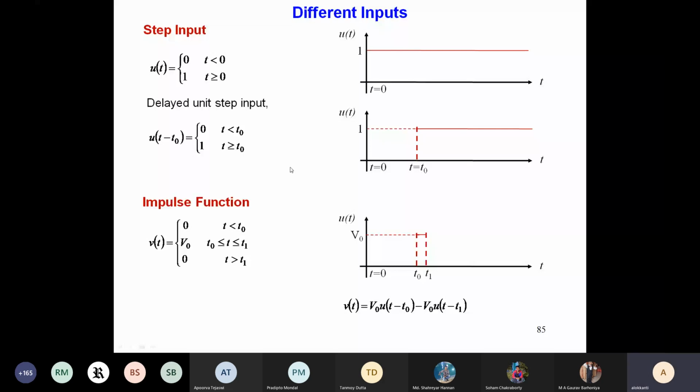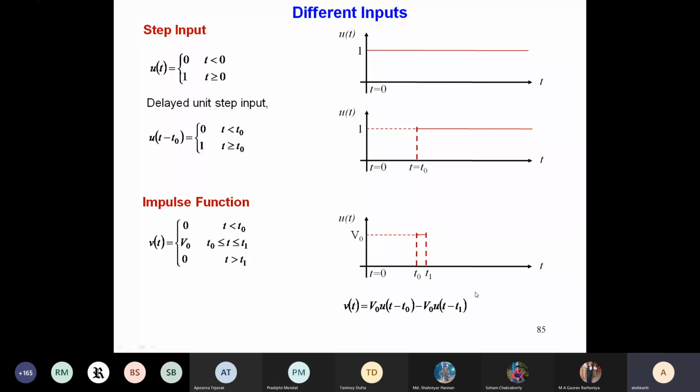Now there can be another delayed input applied at t equal to t1. If you subtract the second delayed input from the first, you basically get this impulse. This is shown by the expression below.